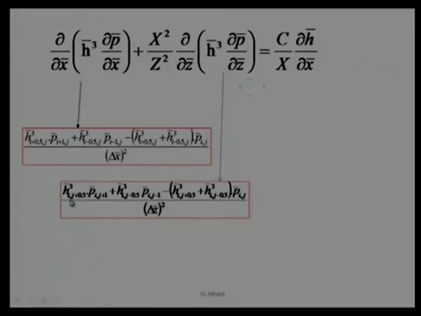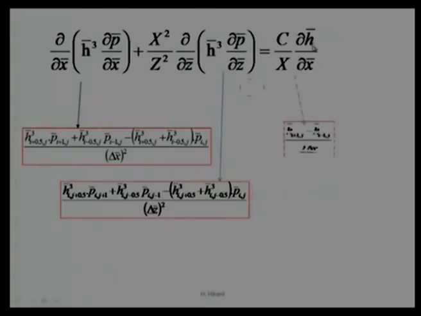Here, instead of I plus 0.5, we are writing I the same, but here we are writing j plus 0.5, while here it was only j. That means the variation in the j direction and z direction was not considered, while in this case the variation in the I direction is not considered. Variation only in the z direction has been considered. This is what we express using a finite difference method.